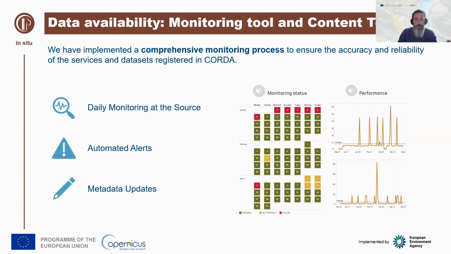So we check all these spatial data services, links, and metadata every day. We check what is happening, what is changing, and we raise automatic alerts to the content team so we can review fast what is happening and update it, so you can have a full catalog of reference data available and updated.